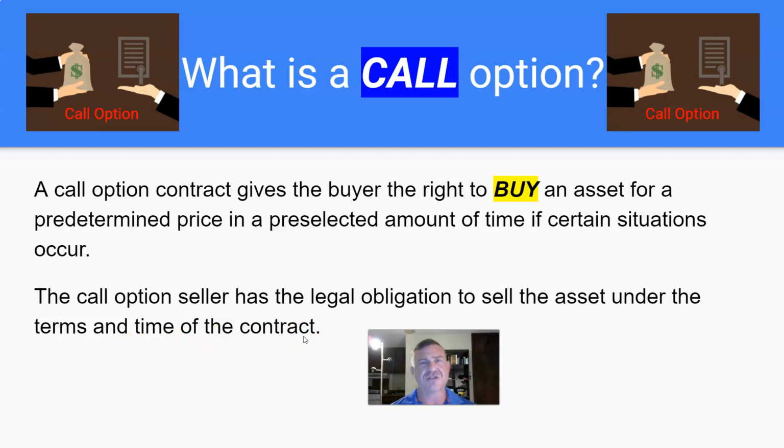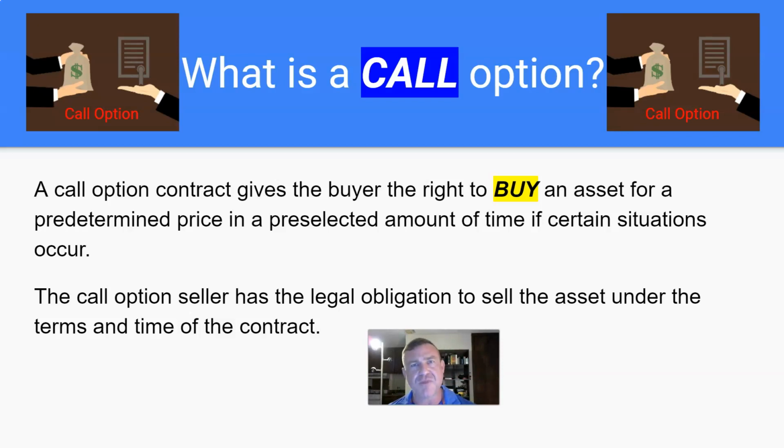A call option contract and a put option contract are really, really similar. They're each a legal contract that has a buyer and a seller. The buyer has the right to do something. The seller has the obligation to do something. In order for the buyer to obligate the seller, the buyer pays money to the seller.